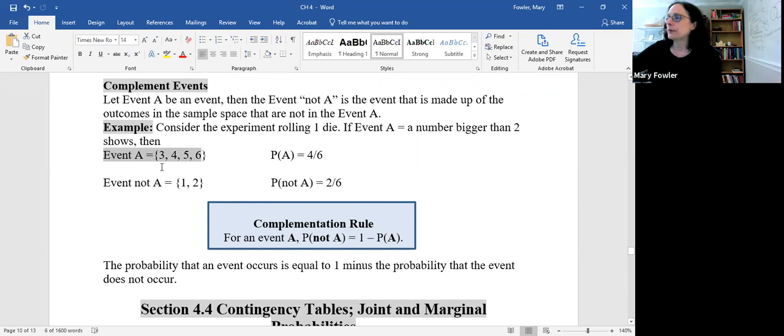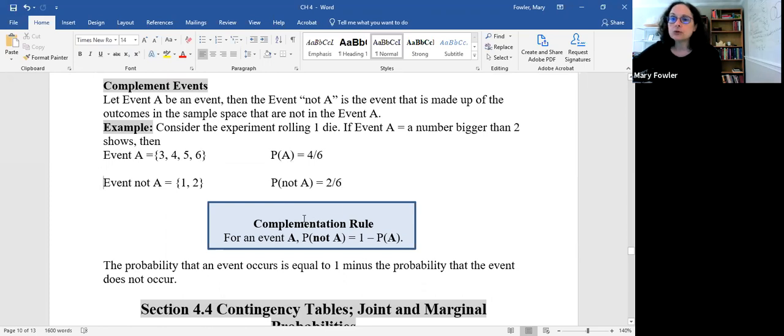So the probability of event A: there are 4 ways A can occur, the size of the sample space is 6, so the probability of A is 4 out of 6. The event not A is everything that's not in A, the outcomes 1 and 2, and the probability of not A is 2 out of 6.